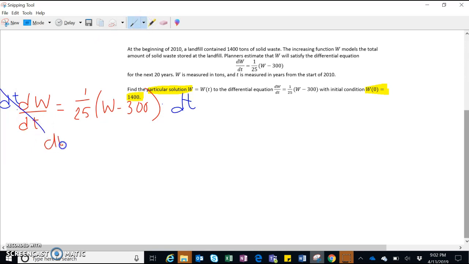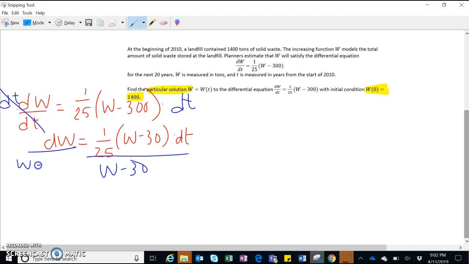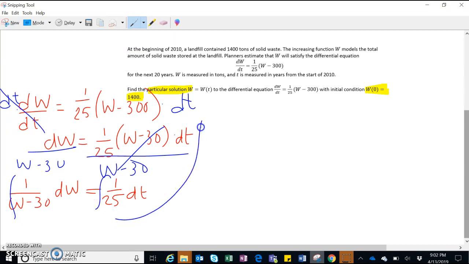That allows us to be looking at an equation that's almost ready for the integrating piece, but I can't do that integration until I move the W minus 30 over to the other side. So a great way to record that is 1 over W minus 30 dW equals 1/25 dt. After that algebraic manipulation, separating's done, I'm ready to integrate.